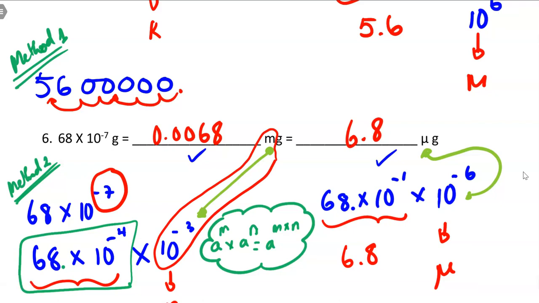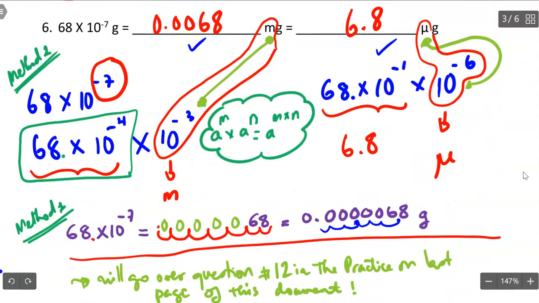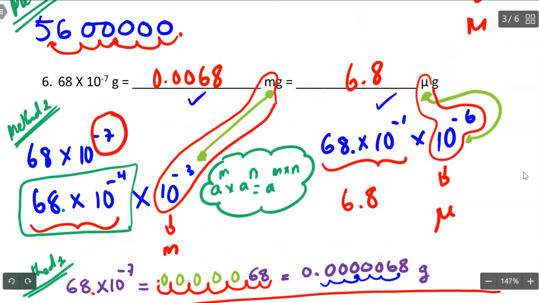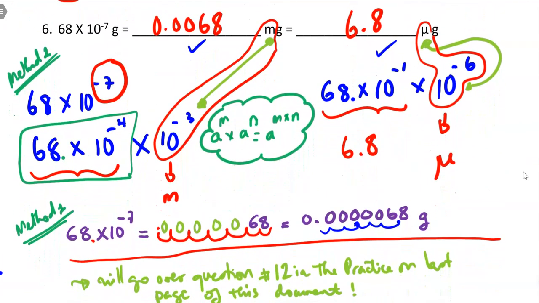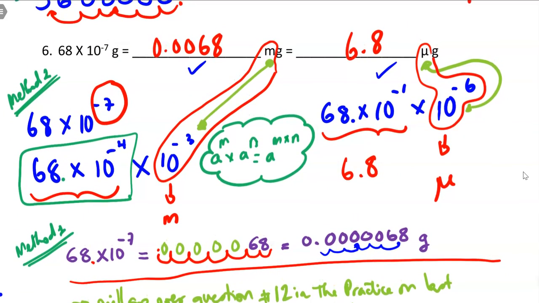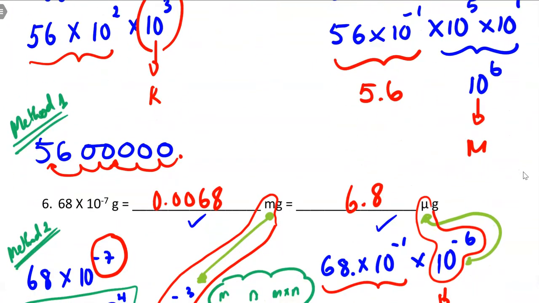Okay, and this and that should be this. Okay, very good. Alright, and you can use the other method if you want to, and at the end the answer should be the same, right? So 0.0068 or just 6.8. So this is also we double check this.